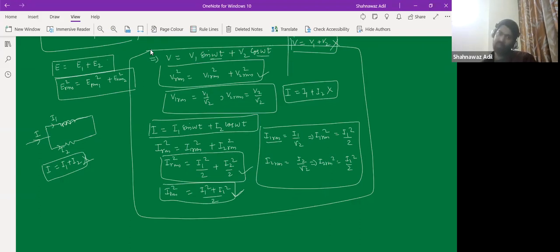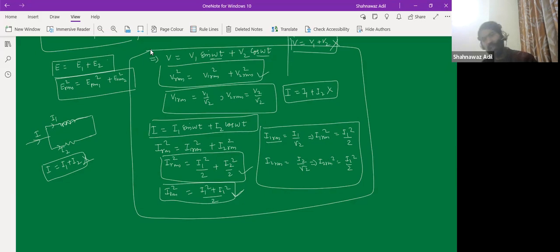Whenever you have noted it down, tell me. And now what I will do is directly write the results that you have already got in your CBSE class, so I will not talk about the phasor diagram and all.